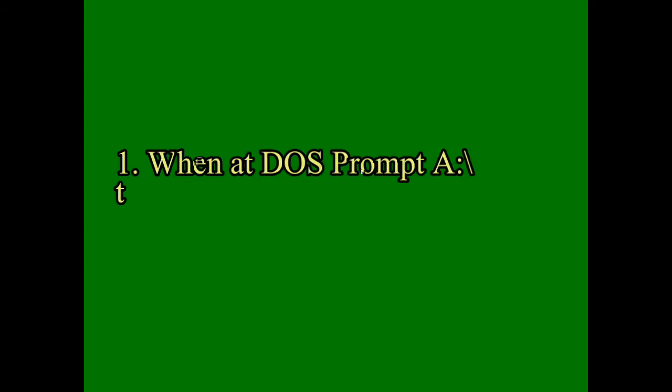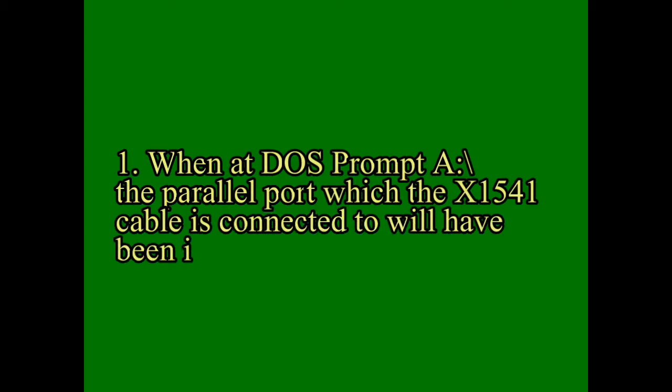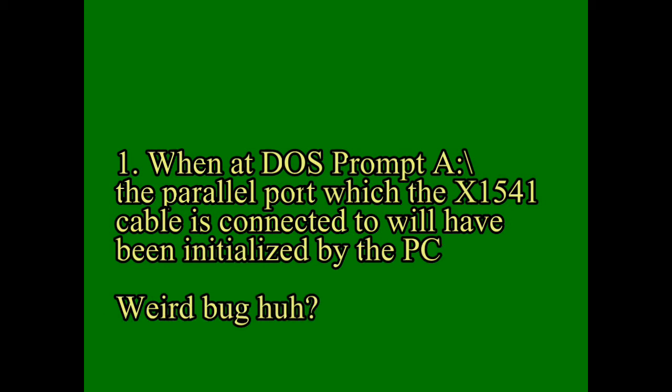The reason for disconnecting the disk drive is because I have discovered that tapserv will hang the Commodore 64 if the parallel port on the PC isn't initialized properly. The only way that I've found where the tapserv doesn't hang is if you go into DOS on the PC and then connect the X1541 cable while the 64 is on.